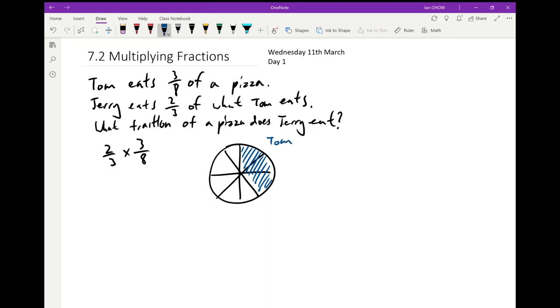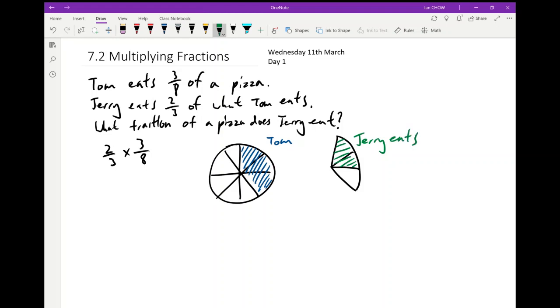Jerry only eats based off what Tom eats, so we look at what Tom ate. Tom ate this much only. I'm going to try my best to copy exactly what it looks like. Jerry eats 2/3 of what Tom eats, so that's going to be 1, 2, 2 of the thirds. So that's what Jerry eats.